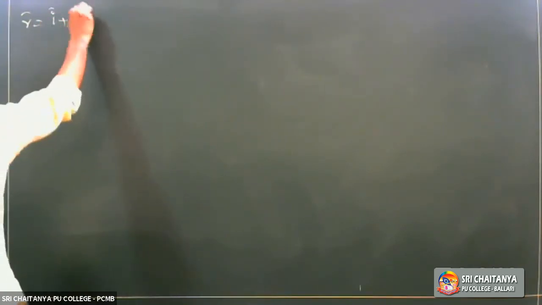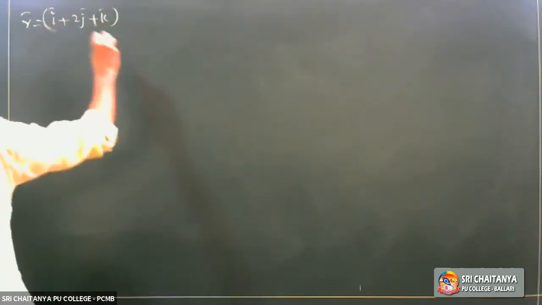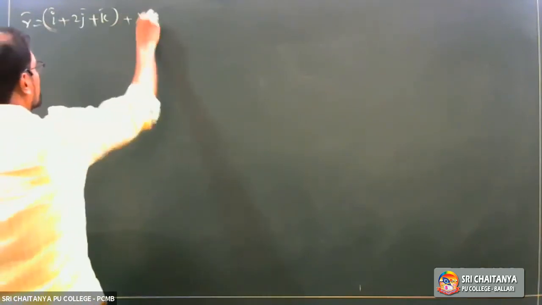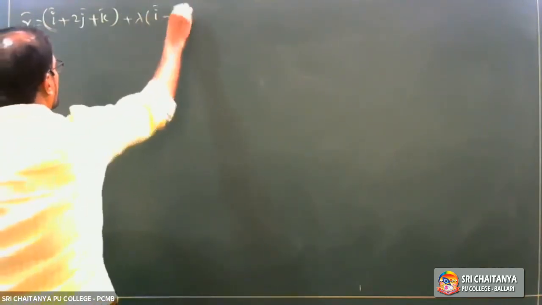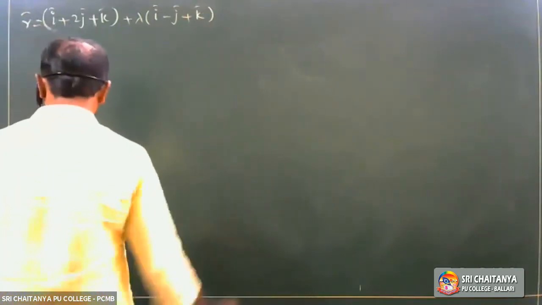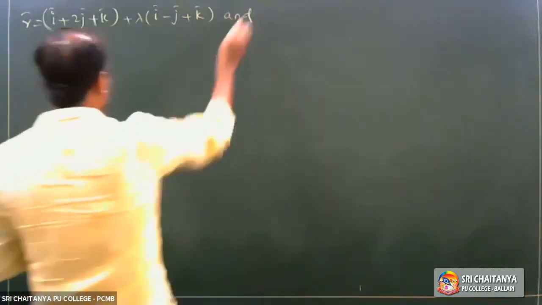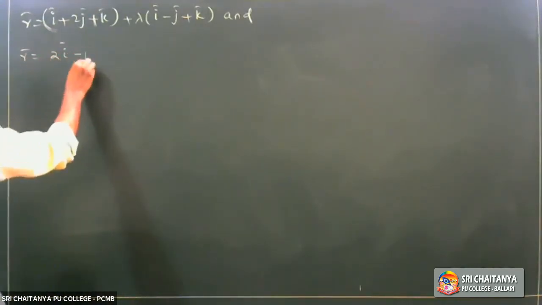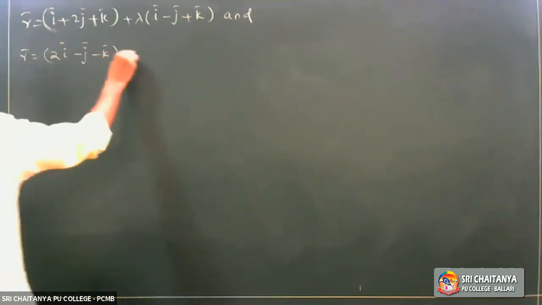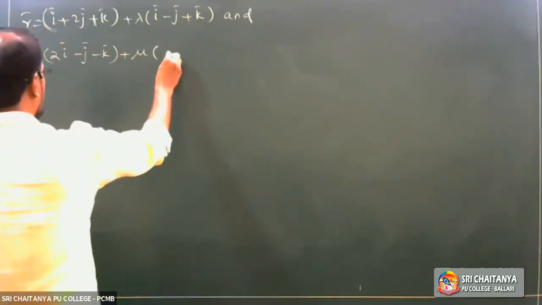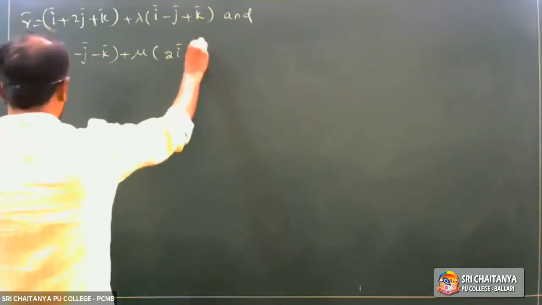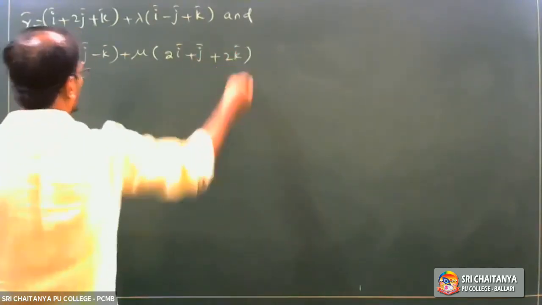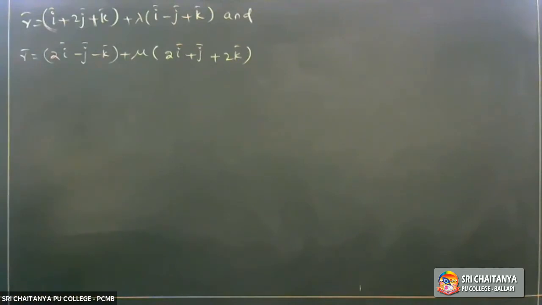Write down: find the shortest distance between the two lines. Yes, I hope it is visible to you all.